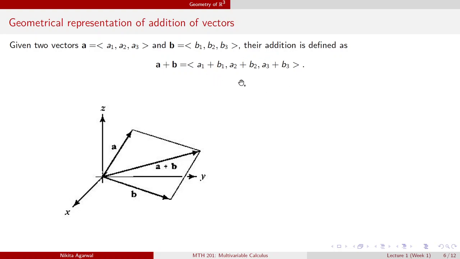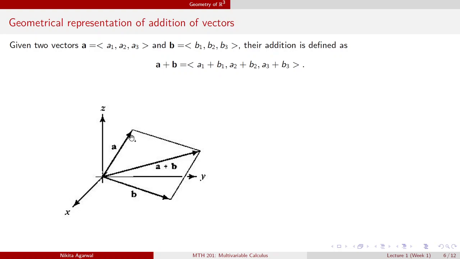Geometrically, this addition means the following. If you look at this picture, you have x coordinate, y coordinate, and z coordinate, and suppose you are given two vectors a and b. You complete the parallelogram whose adjacent sides are given by these vectors a and b.